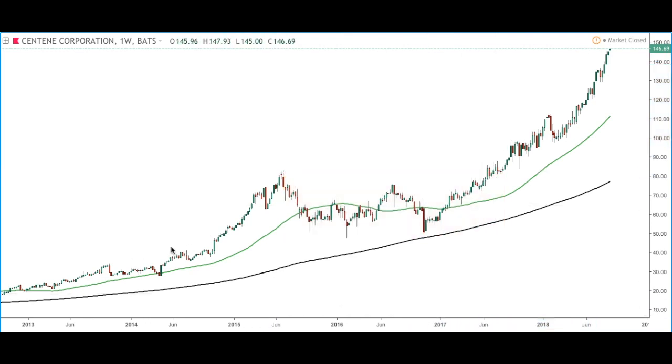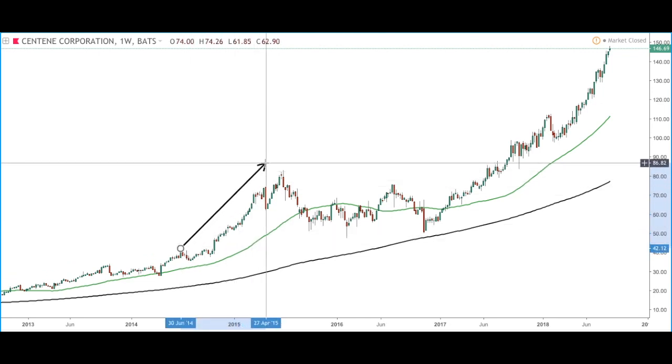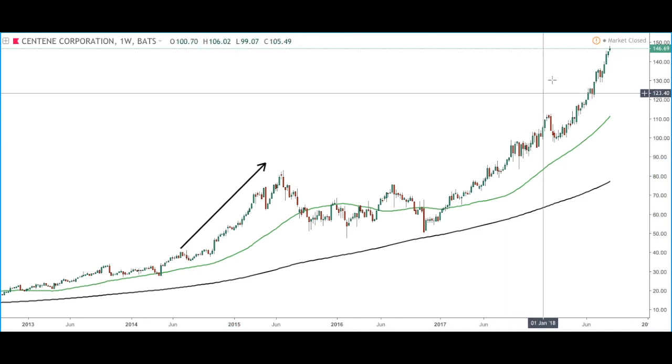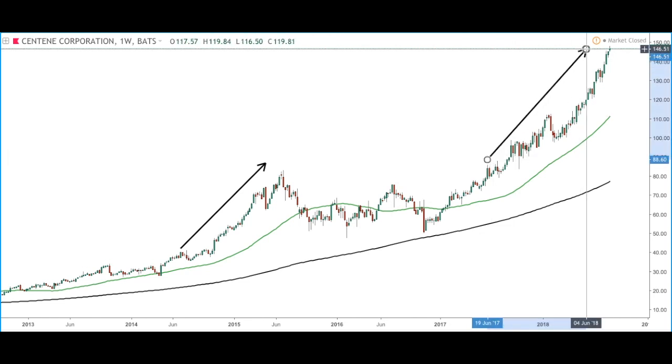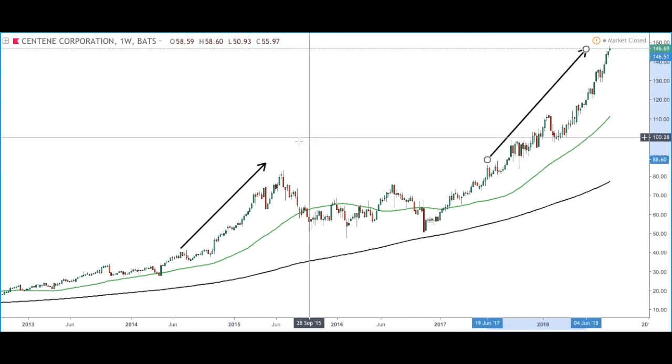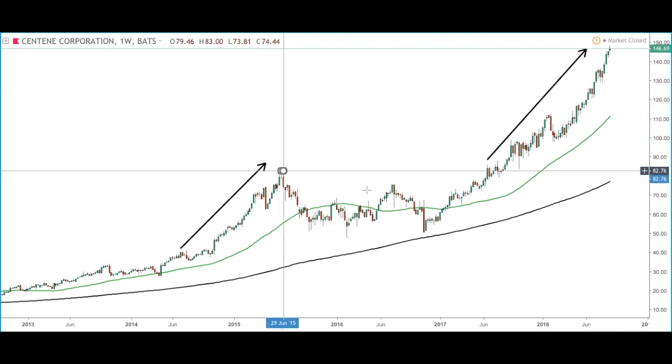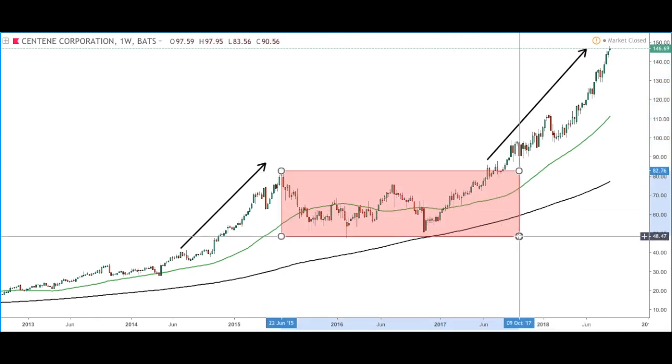So just to quickly cover that one more time, we want to be profiting in these areas, here and here. And we want to be standing aside and preserving our capital within this area right here.